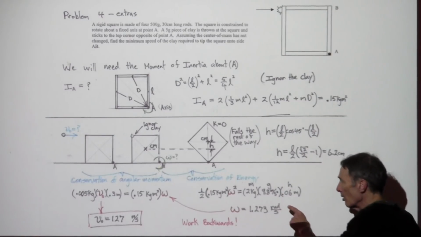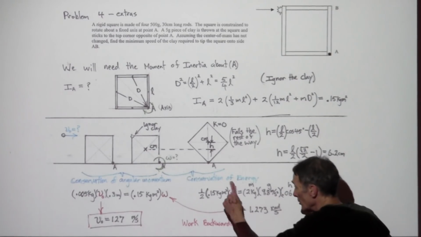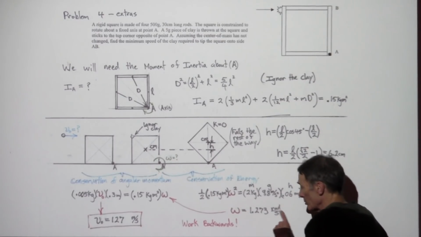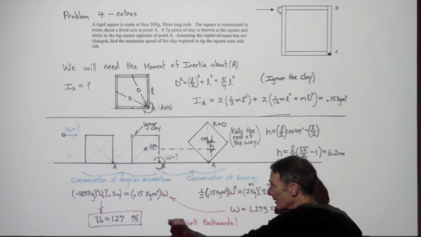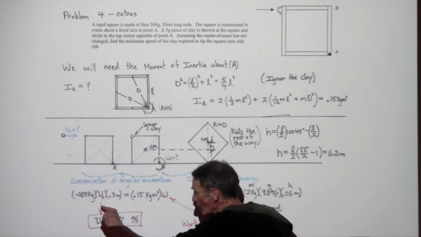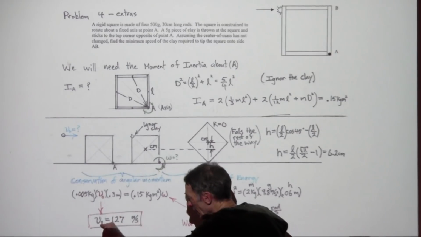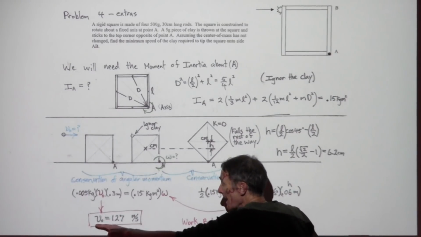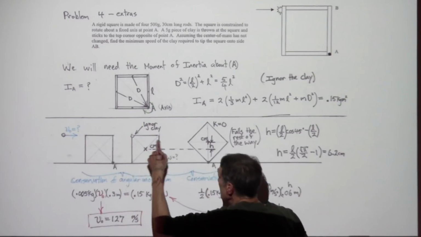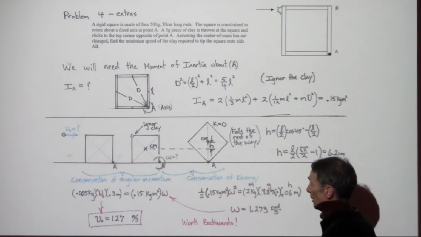Then we need to solve this for omega. Once I have omega, I can go back here, substitute that in, and then get that velocity. And this is what he's asking: what is the minimum velocity for this clay ball to hit this thing to dump it over onto its side?